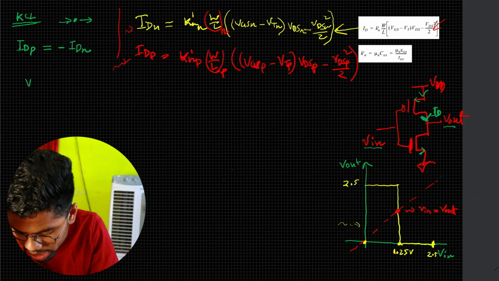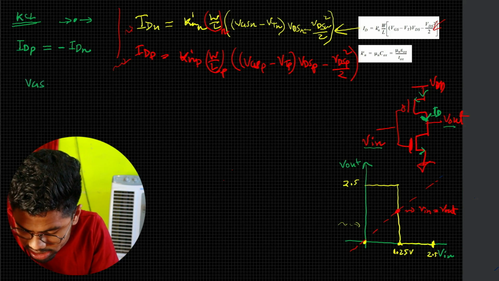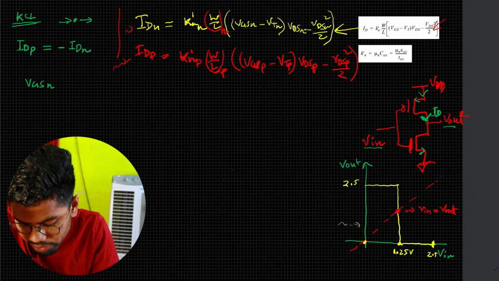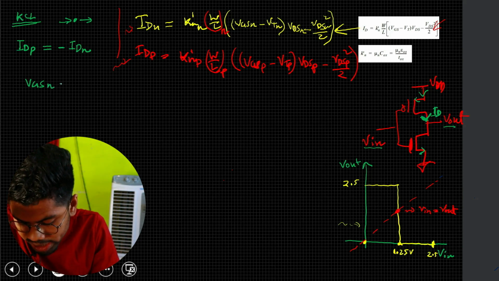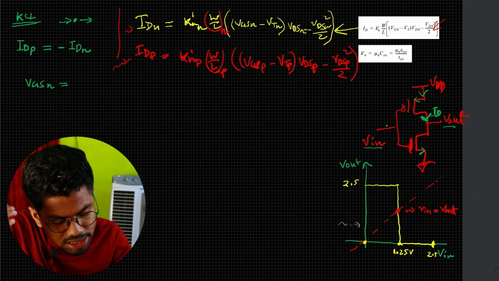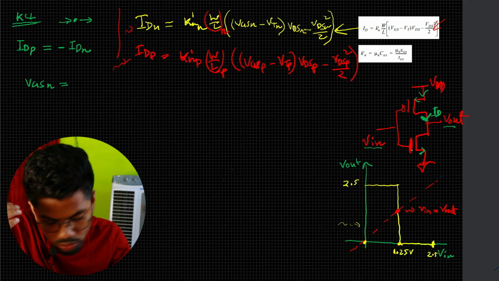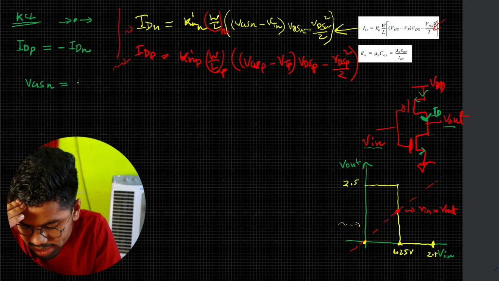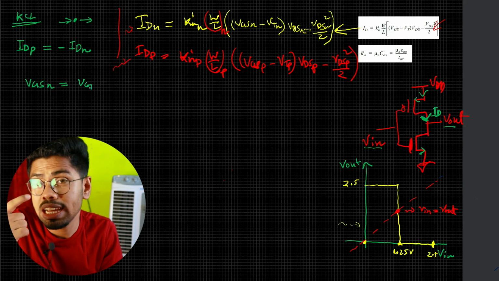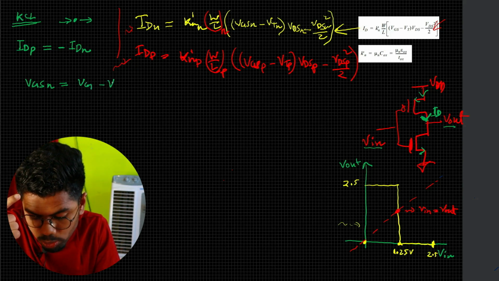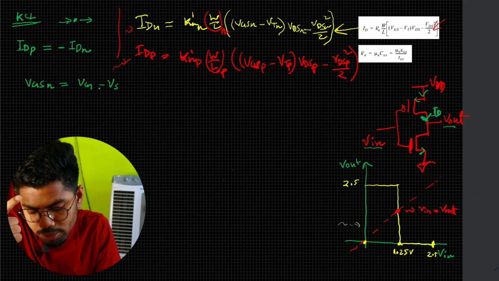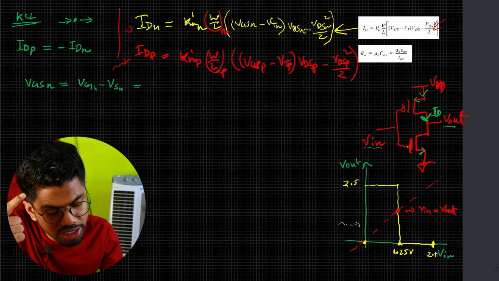For example, we have VGS of N. We need the value, and if you see this inverter here, then you can see your VGSN is nothing but voltage at gate of NMOS minus voltage at source of NMOS. At the gate of NMOS, what's the voltage?